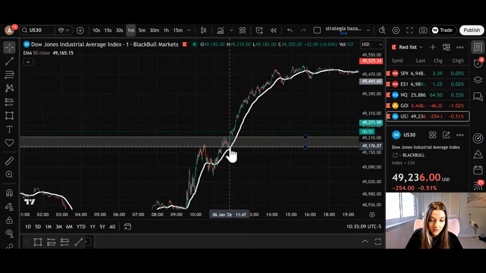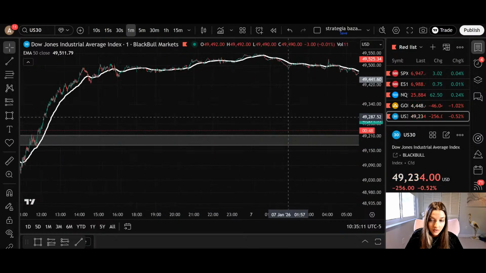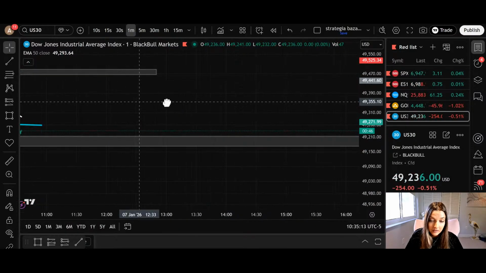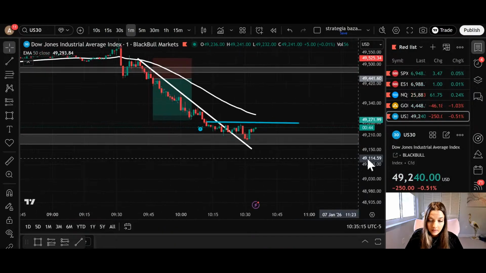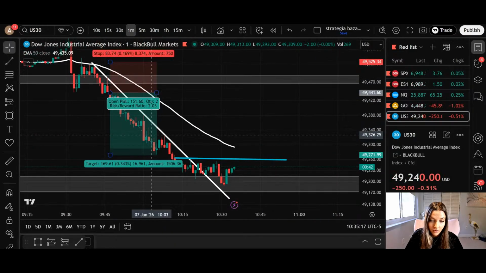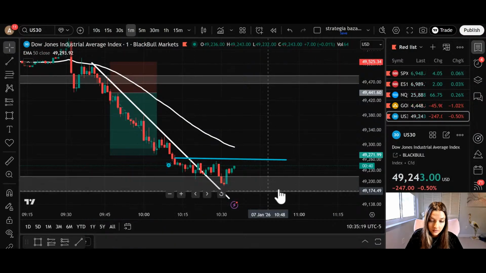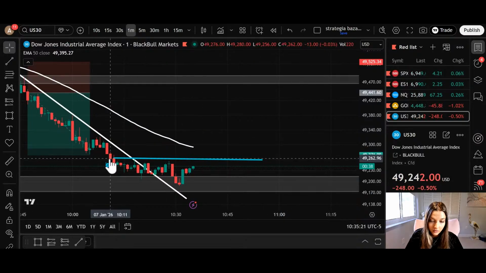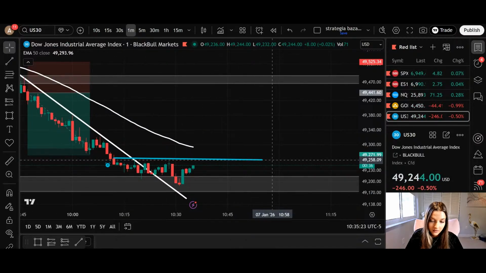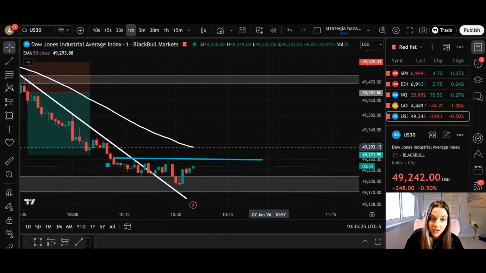You can see here the price went a little down. So let's see. It did break the trend line. I want to break the consolidation line, this line. And I would really like to break the EMA. But let's see.